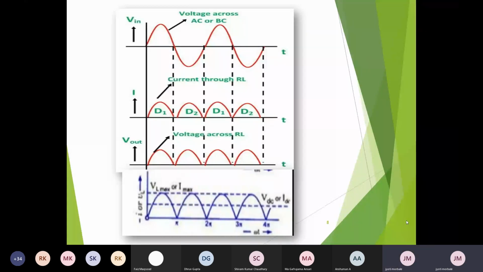We observe the output voltage across the load resistor. यहाँ पर आप और एक पॉइंट दिखा सकते हैं, that is Vm is the maximum voltage for the input signal, whereas Vm minus Vd is the voltage across the load resistor, where Vd defines the voltage drop across the diode.